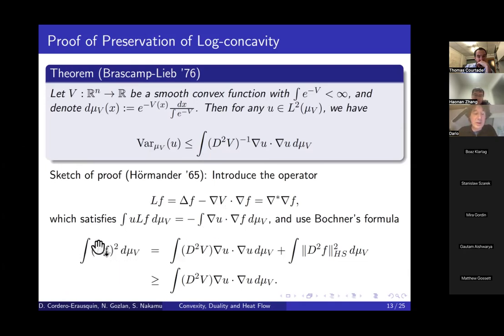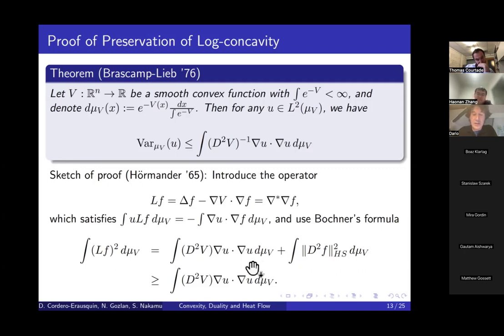So you have that the L of F squared is equal to the Hessian of V applied to grad F, plus the Hilbert-Schmidt norm of the Hessian of F. This is just integration by parts somehow.